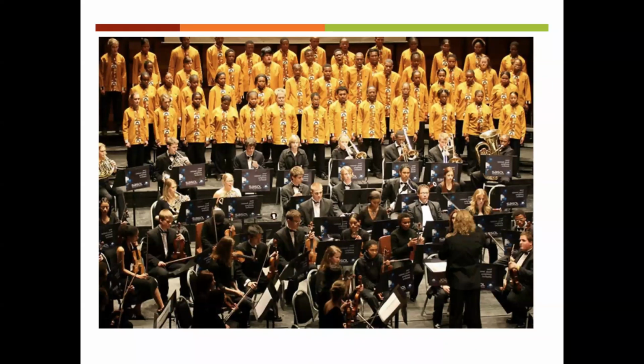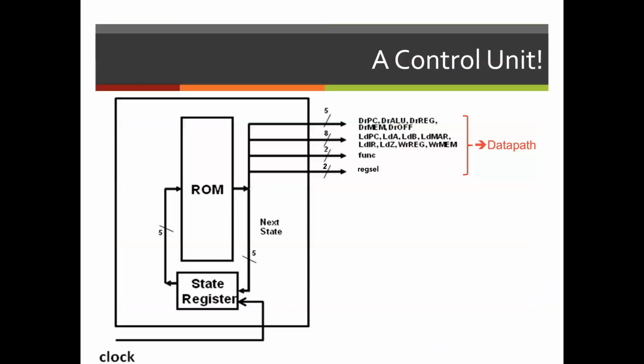And that is going to be something that is going to maintain the flow of things, and that is going to be our control unit. And the control unit is like the conductor in our data path. It will basically oversee how things are orchestrated electronically.